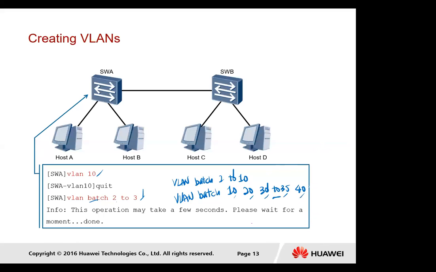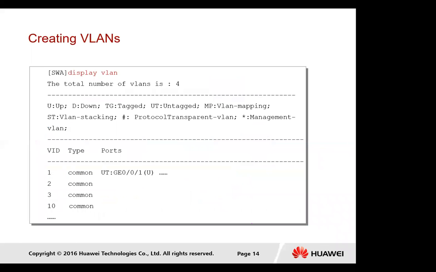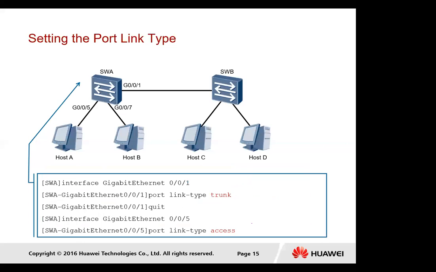This is how you add a range and single VLANs in one command. All right, this is how we create a VLAN, as well as how we check our VLANs, using display vlan to see what VLANs in total we have.